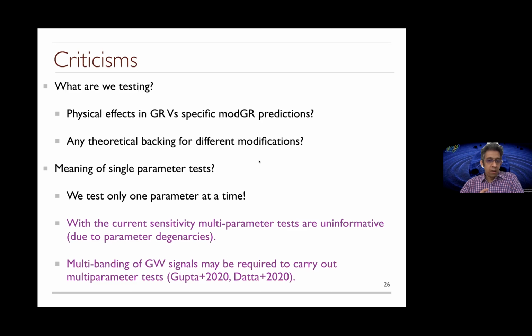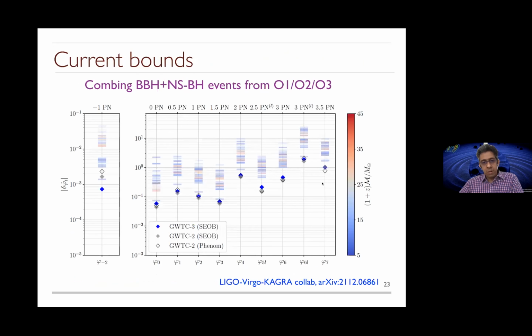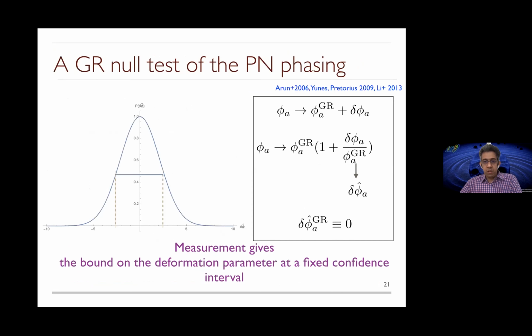But there's a more important technical point that I did not stress either. When I quoted these results, they were on top of the GR parameters. These bounds are obtained varying only one parameter at a time. There is this post-Newtonian structure, and there are 8 of them I mentioned.